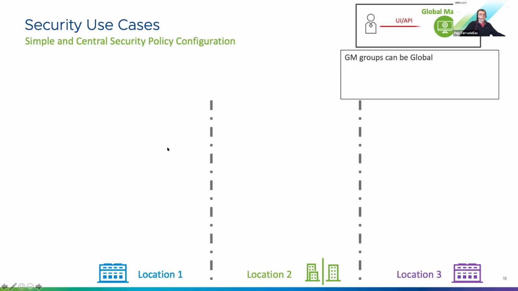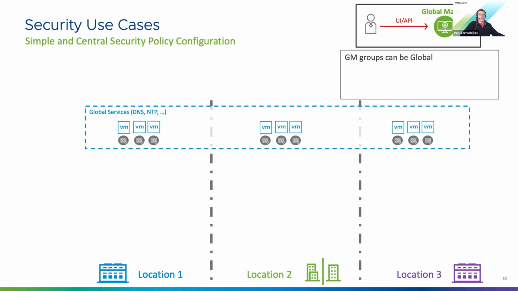So we will focus this use case on security groups, the distributed firewall rules, and how we span them across locations. First of all, let me explain a few concepts. Here you can see that the groups can be global.